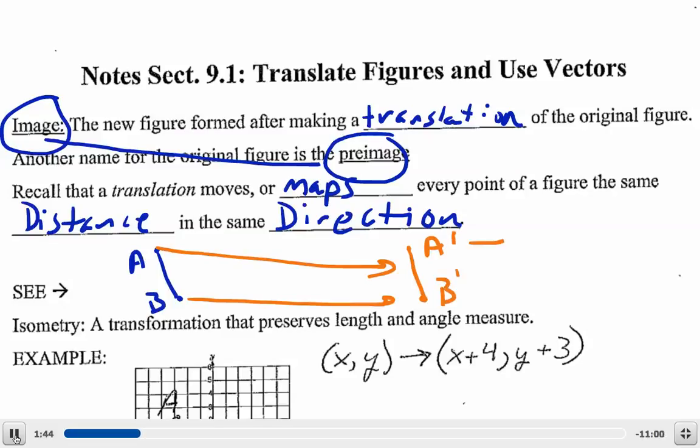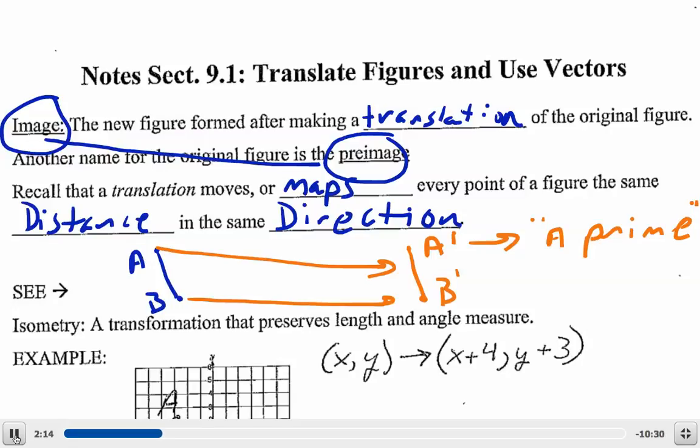That is called prime notation, and it's read as A prime and B prime. It's called image notation. When we actually do the mapping, it could be a segment, it could be a polygon. We're going to move it into a new position, and that new position is called the image of the figure.